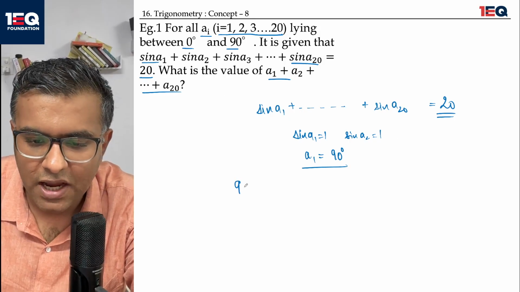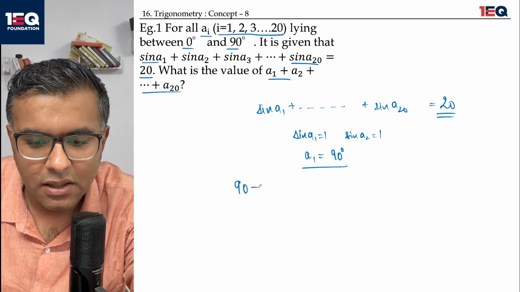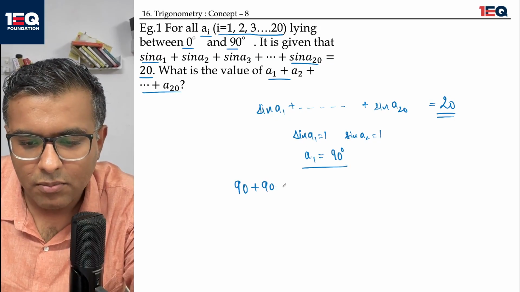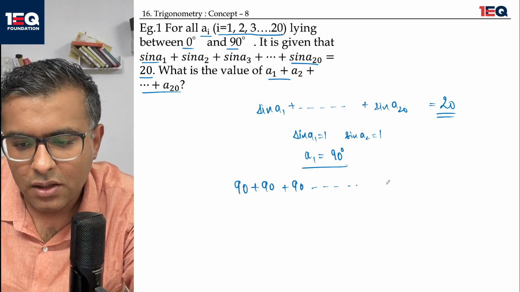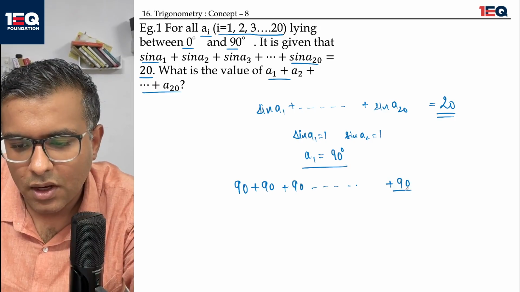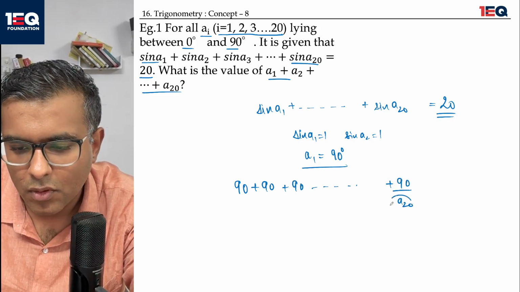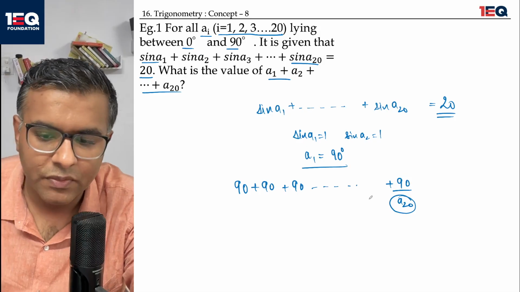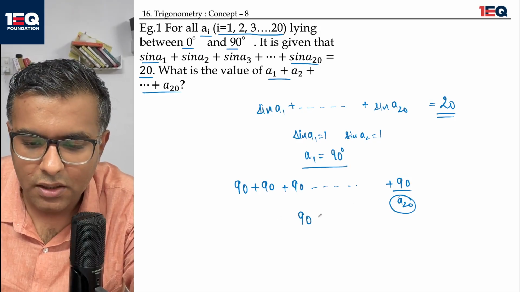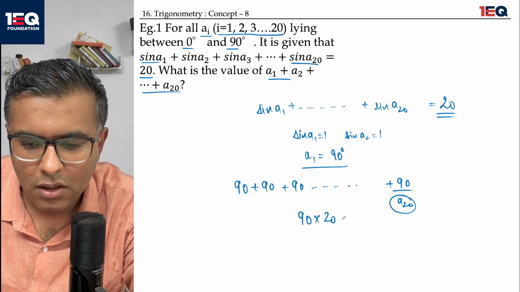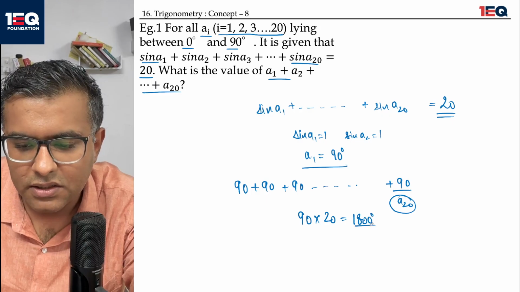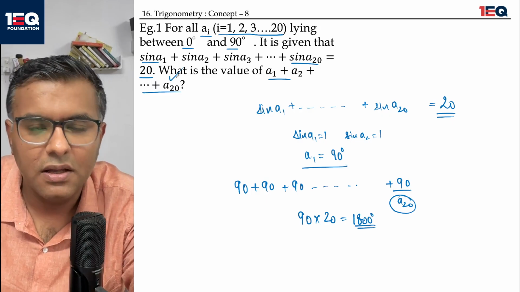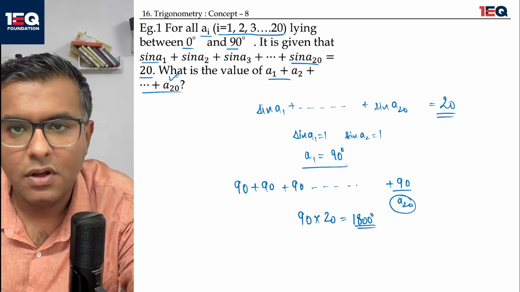That means I have to add up 90 plus 90, because A2 is also 90, A3 is also 90 and so on till A20, which is another 90. So I am doing nothing but 90, 20 times, which would give me 1800 degrees as my answer, right?